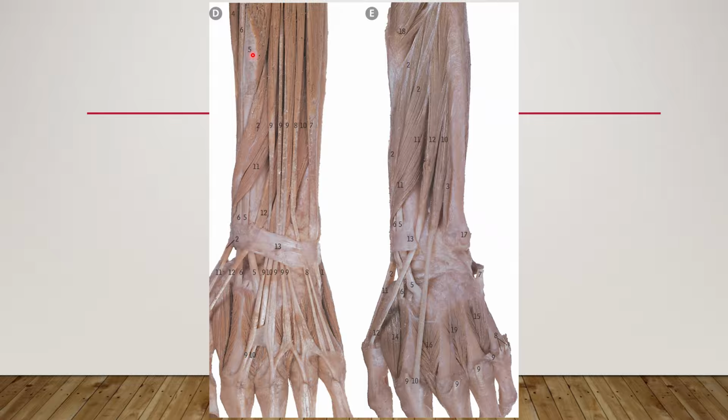These are all superficial muscles along with anconeus, and then digitorum, digiti minimi, you can see the thin one, and then extensor carpi ulnaris, finished. And the deep muscles are supinator, abductor pollicis longus, extensor pollicis brevis, extensor pollicis longus, and extensor indicis. So these are the muscles you can see in the posterior compartment.